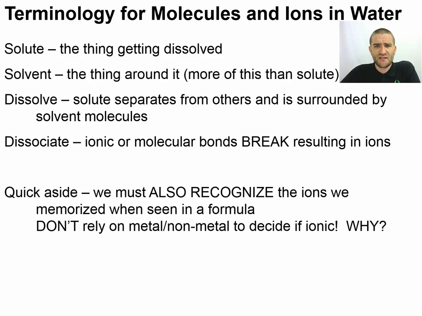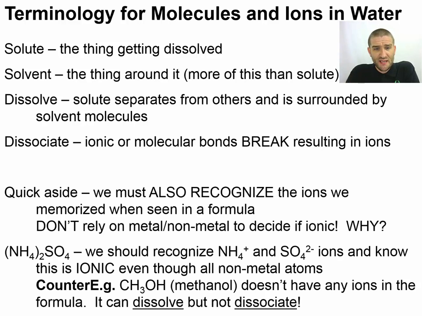Now, I also want to throw this out as an aside. We also have to be able to recognize the ions that we've memorized, the polyatomic ions. And we can't just rely on the idea of spotting when there's a metal attached to some nonmetals. Here's a good example for why. Consider ammonium sulfate. Ammonium is going to be the NH4 plus group. Sulfate is the SO4 double minus group. And these are going to stick together to create a solid at room temperature.